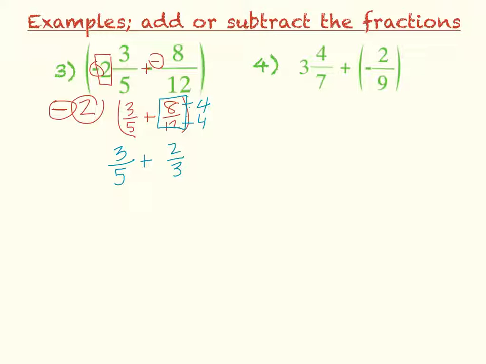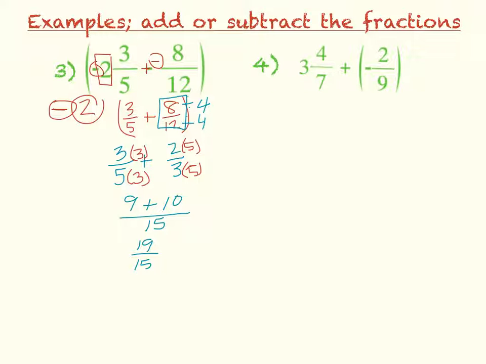So now I need to find a common denominator, so I'm going to multiply by the other denominator. So 5 times 3 and 3 times 5, top and bottom. So I have 3 times 3 is 9, plus 2 times 5 is 10, over 15. 9 plus 10 is 19 over 15.